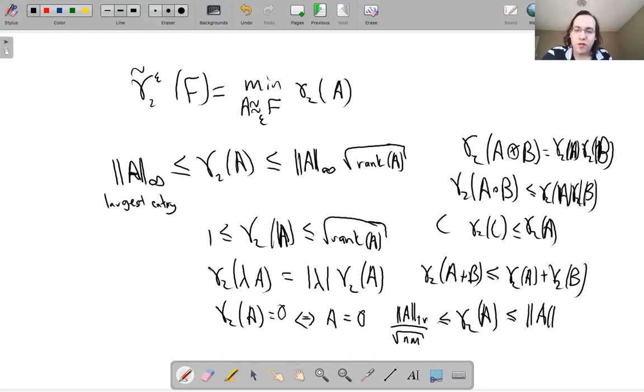So this is the geometric mean of the two dimensions, roughly the dimension of the matrix. So the gamma 2 norm is at least roughly the average singular value, and at most the maximum singular value. This is roughly the size of the gamma 2 norm of the matrix.